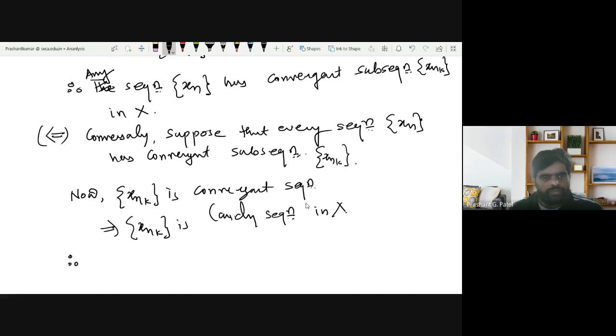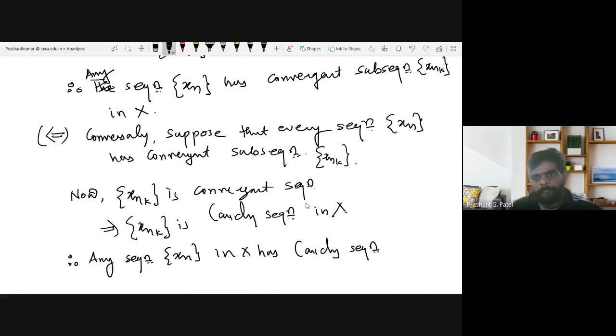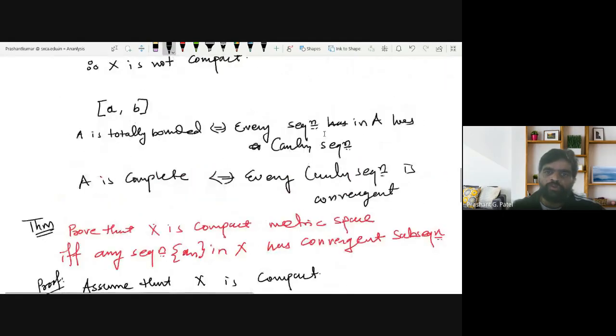Therefore, any sequence xn in X has a Cauchy subsequence xnk in X, which is exactly the statement which we have discussed, that A is totally bounded if and only if every sequence in A has a Cauchy subsequence.